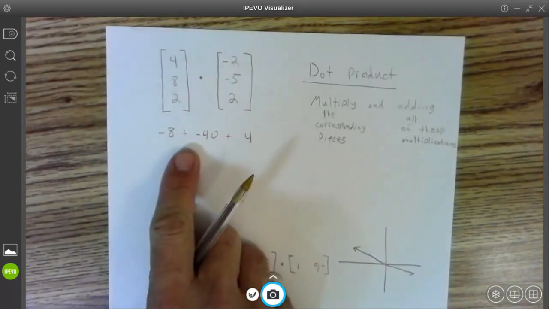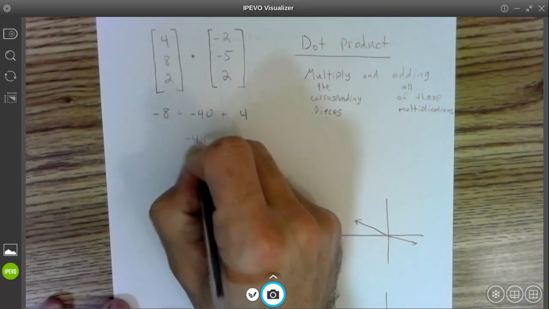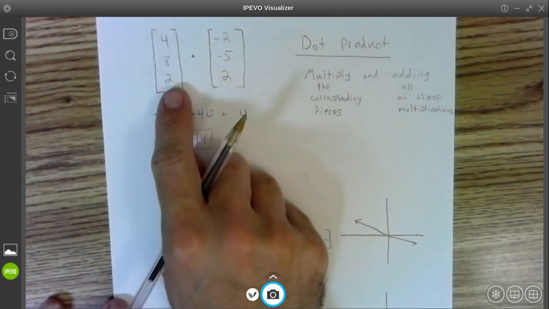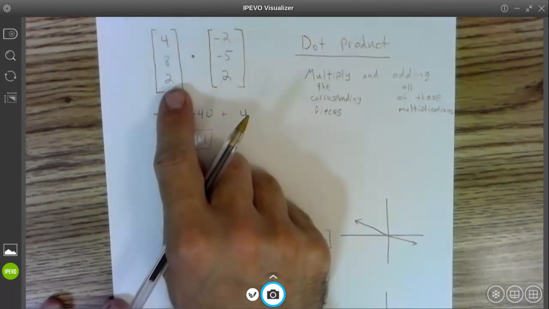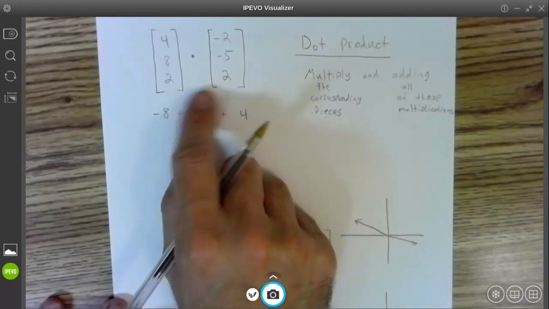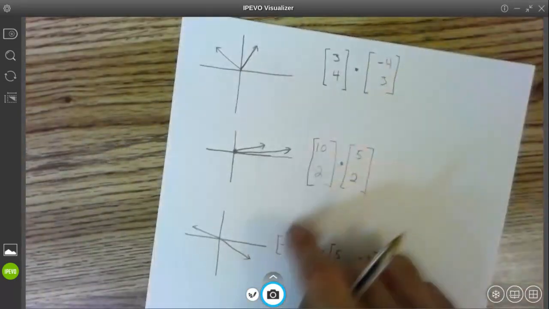Negative 48 plus 4, that's negative 44. And that is the dot product of these two, we'll call them matrices, but we're really thinking of them as these other things called vectors. And in that other video, I'll talk about vectors and dot products a little bit deeper.